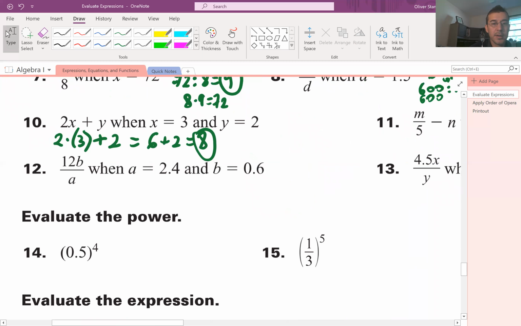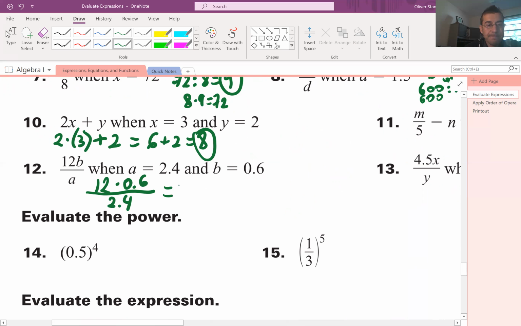All right. Number 12, 12b over a when a equals 2.4 and b equals 0.6. So 12 times b is 0.6, over a is 2.4. Okay.